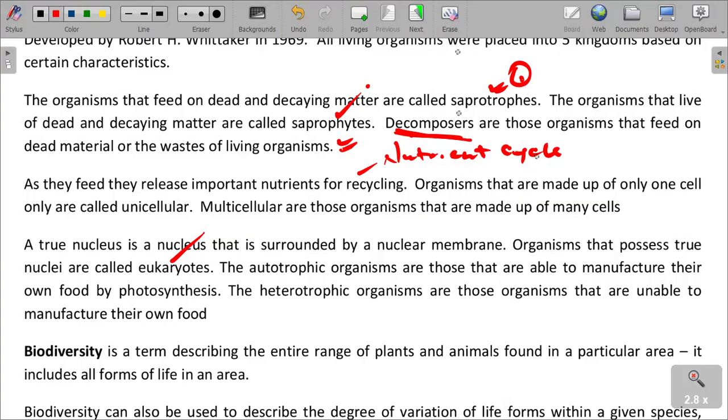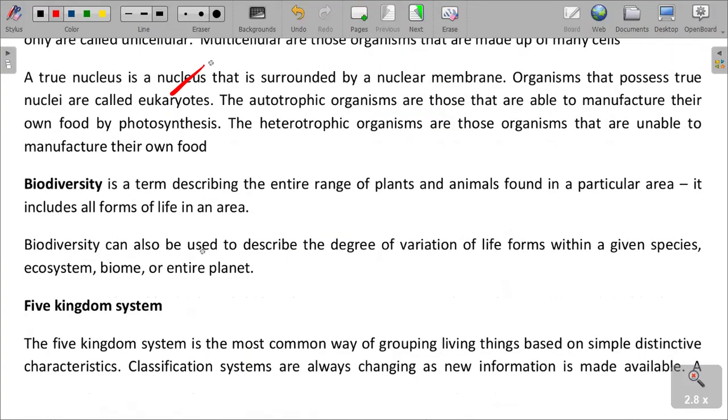And then I want you to look at some other definition. What is biodiversity? Biodiversity is a common term that we are using continuously, and is quite dominant in our science subject, which you need to understand its meaning.